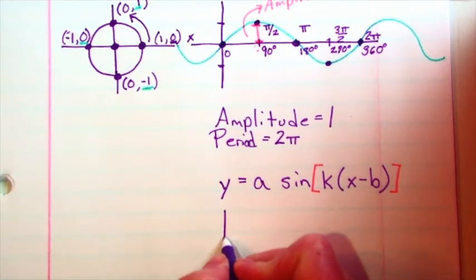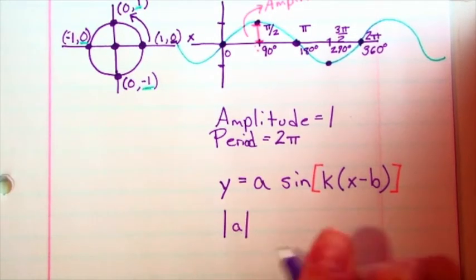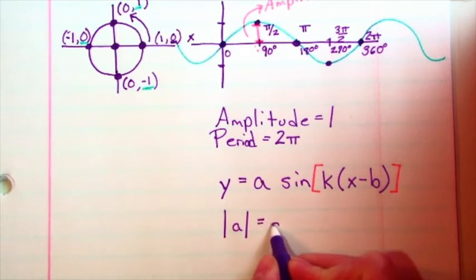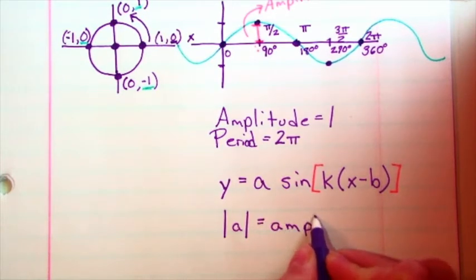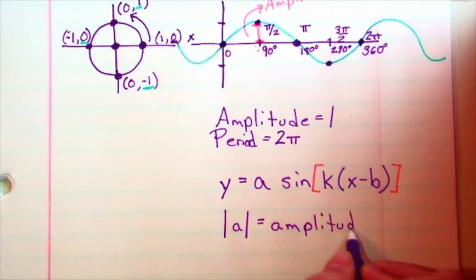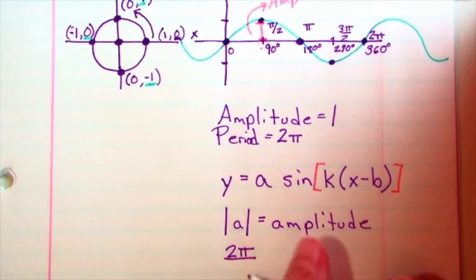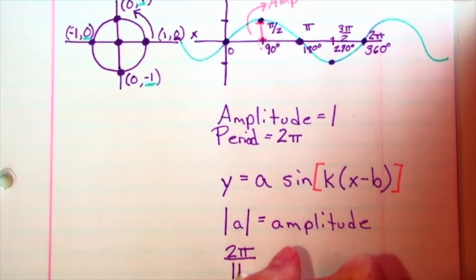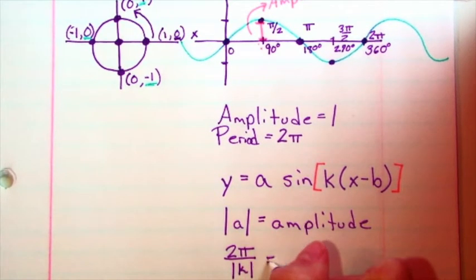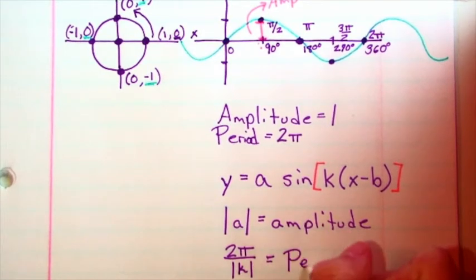So the absolute value of A is going to be the amplitude. Remember, that just means the height. 2 pi over the absolute value of K is going to be the period.